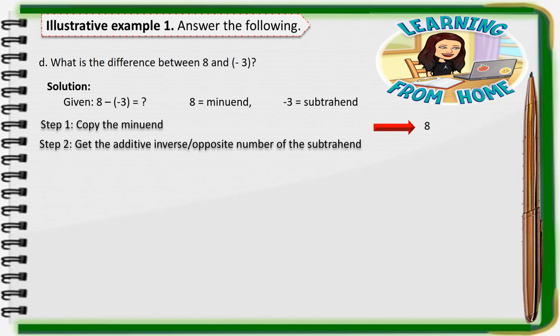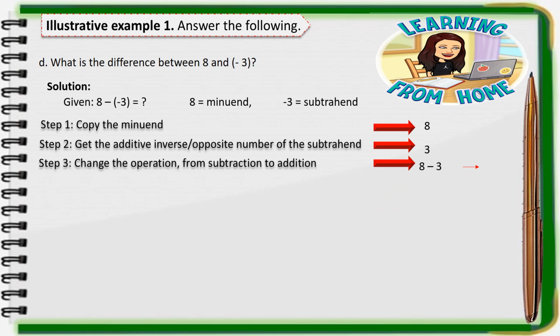So, meron tayong negative 3 na subtrahend, magiging positive 3. At step number 3, change the operation. So, meron tayong 8 minus 3. Gagawin natin itong addition. So, magiging 8 plus 3.